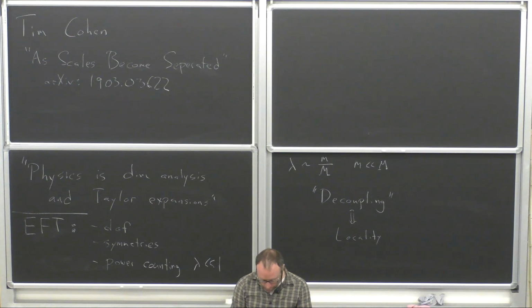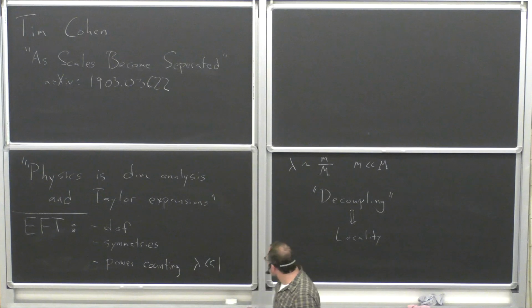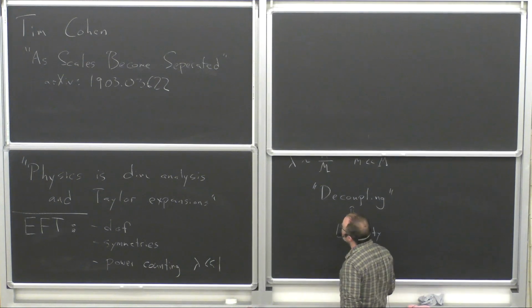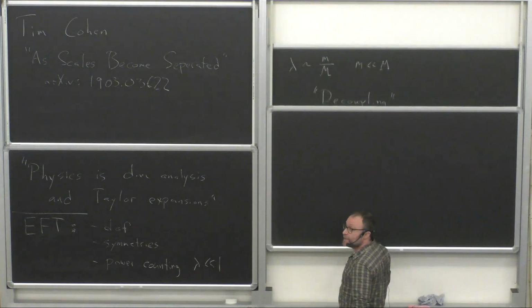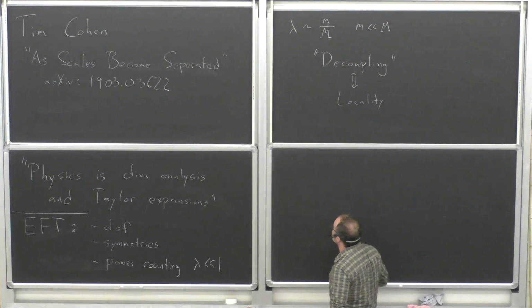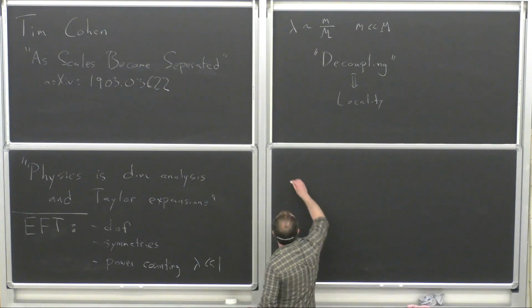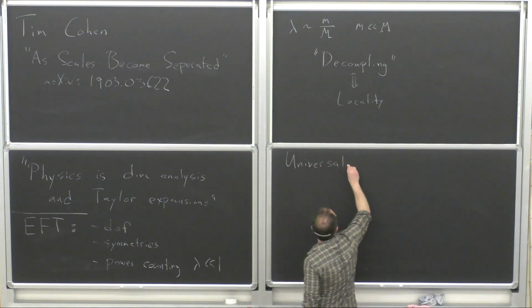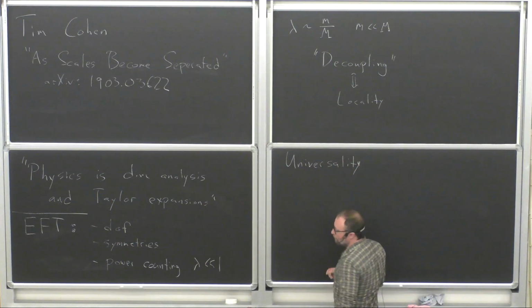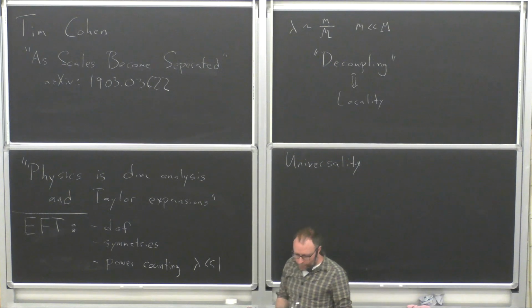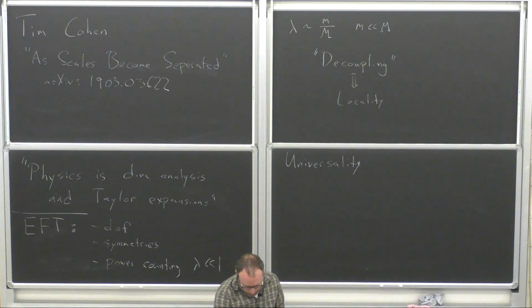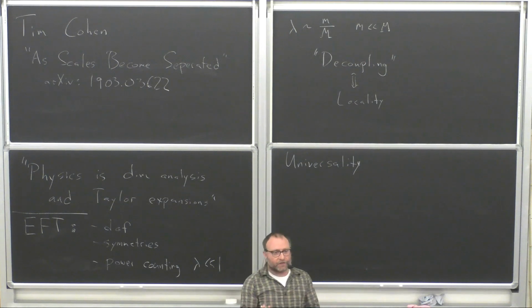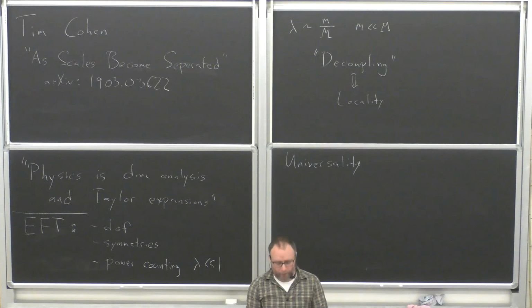Good. So another conceptual aspect of effective field theory that we're going to talk about is this idea of universality. This is also very deeply baked into the philosophy of effective field theory, okay?